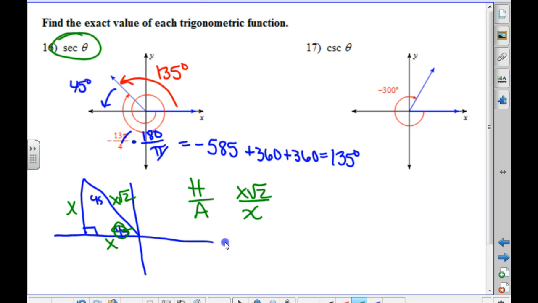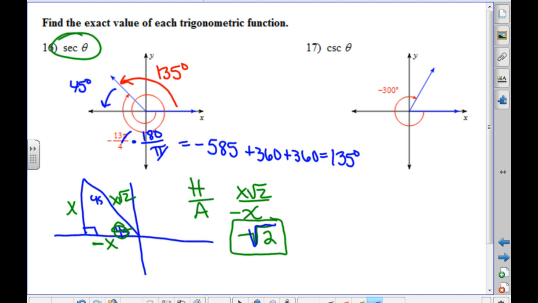It should be negative. We're in this quadrant, and going this direction is negative, right? So the x's do cancel, and we end up with square root of 2 over negative 1, or negative square root of 2. At least I wasn't recording last period. I forgot the negative last period.